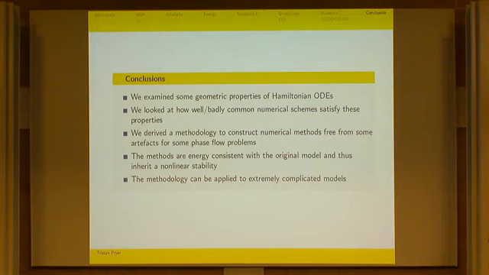Then I went crazy and started showing you phase field problems and how to construct numerical methods that are physically consistent, so they respect the physics that you've built into your model. I think this is a good idea. Otherwise, you end up with artifacts. This allows you to remove certain artifacts, and you can generalize it to very complicated models, which is what I showed you at the end.